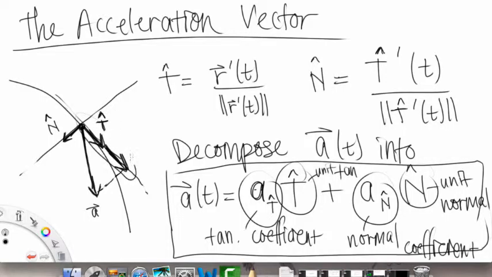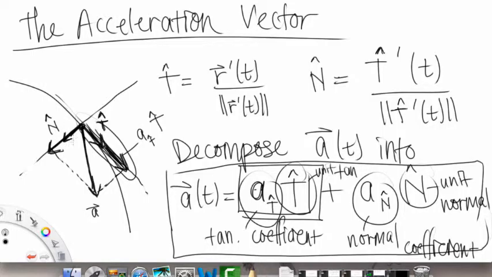This entire long vector here is a sub t hat times t hat, and that composes our first term. Then we project our acceleration vector onto the normal direction. That one's going to be a vector looking like this, that long.